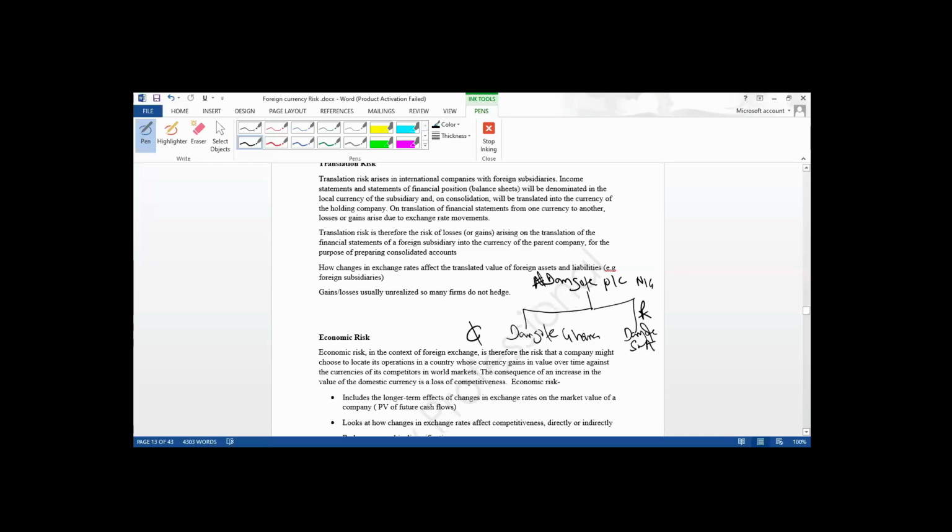This risk can affect the ability of a company to compete as a result of exchange rate fluctuation.